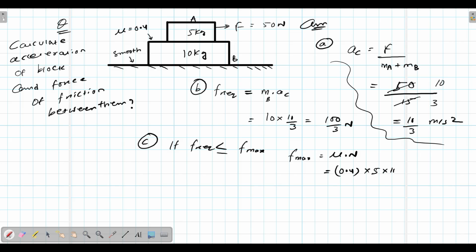F required is 100 by 3, approximately 33.3. F max is 20.